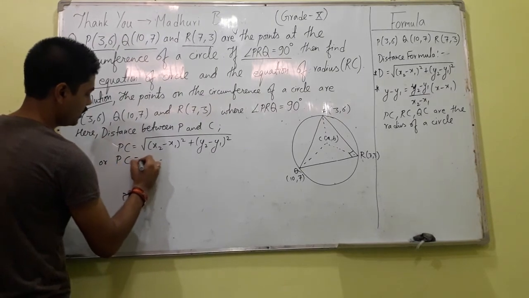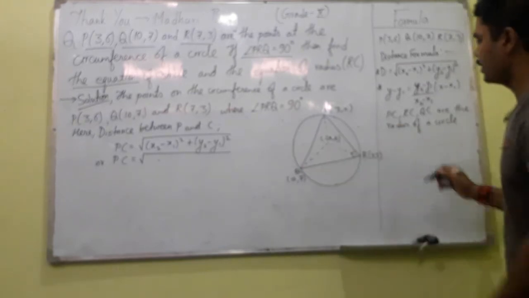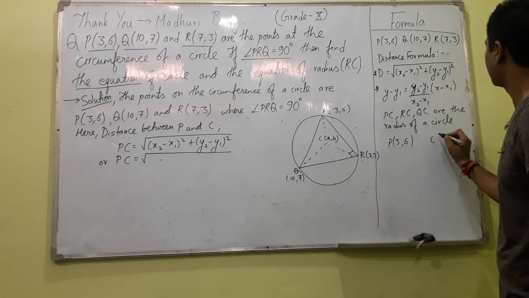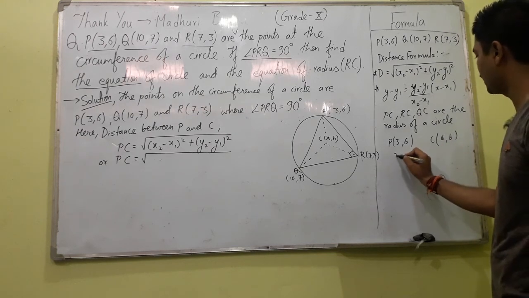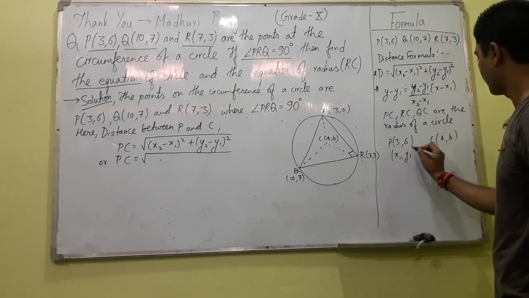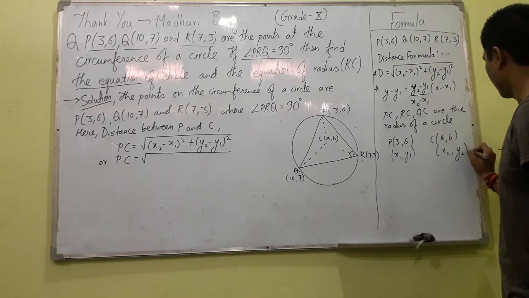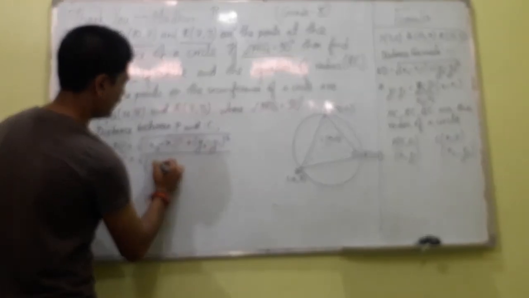Now when we compare with PC, point P is 3 comma 6, C is A comma B. So you can assume P as x1 y1 and C as x2 y2.